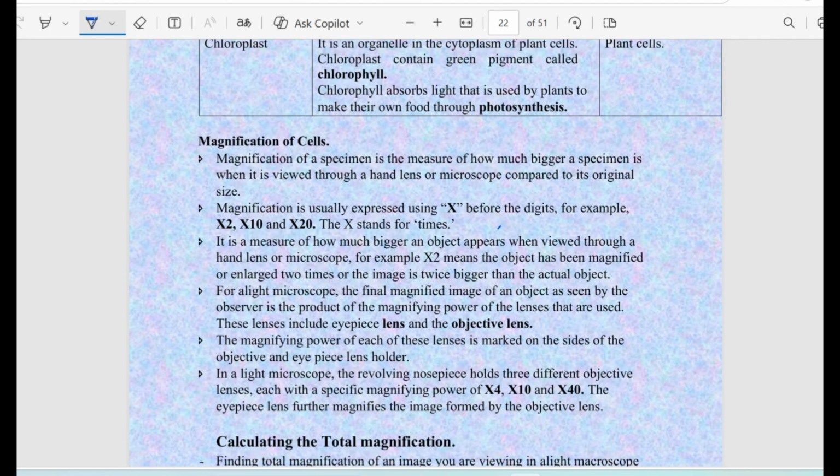In a light microscope, the revolving nosepiece holds three different objective lenses, each with specific magnifying power: times 10, times 4, times 40. The eyepiece lens further magnifies the image formed by the objective lens.